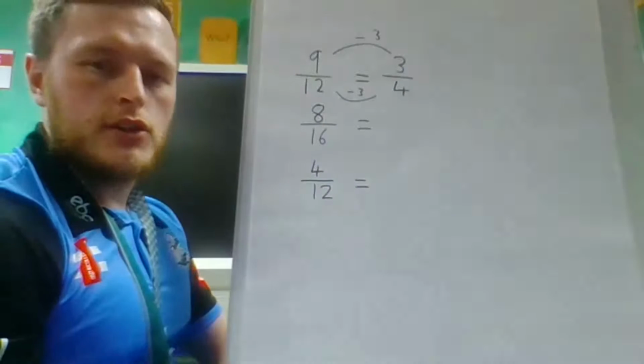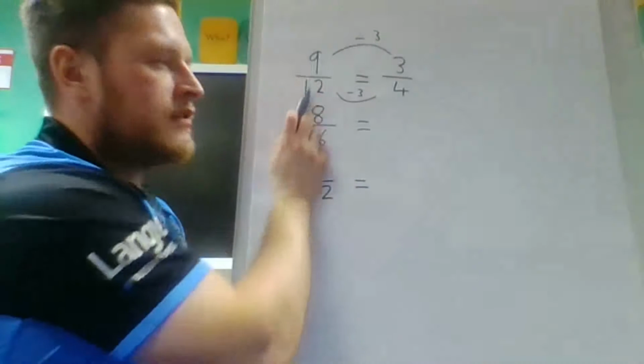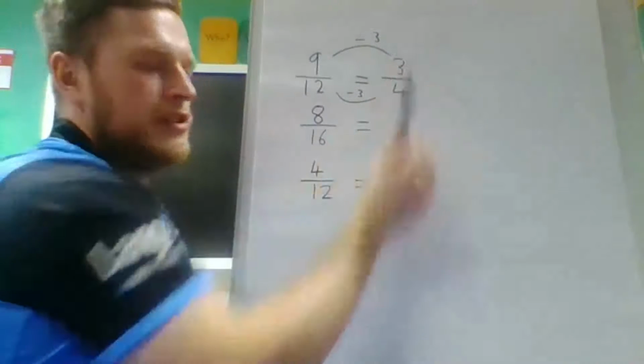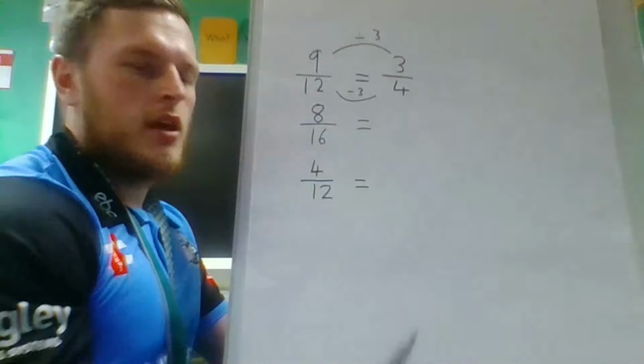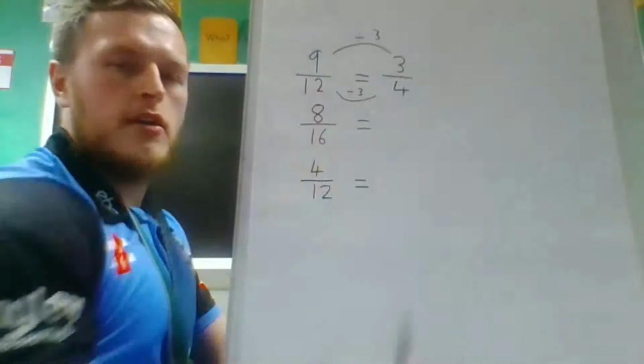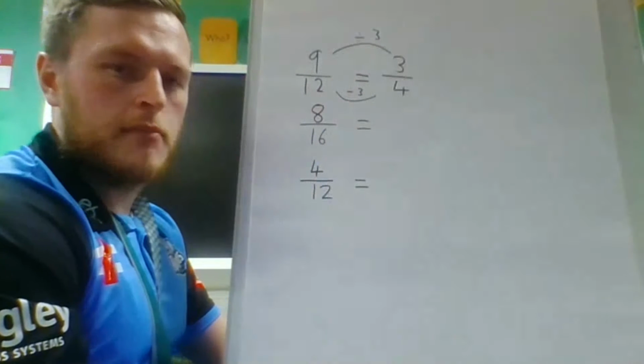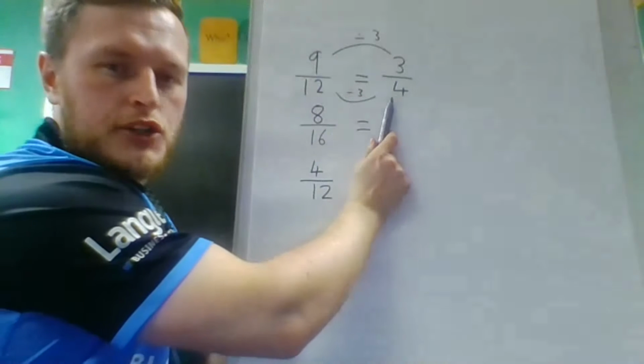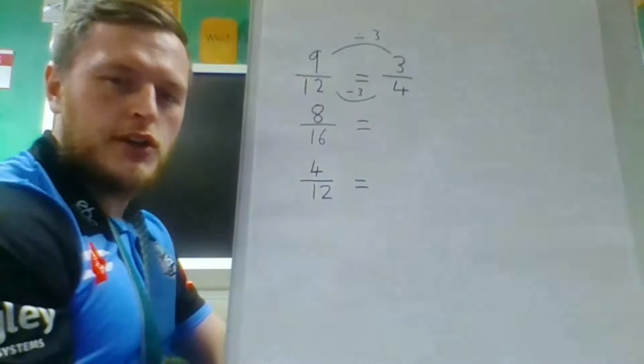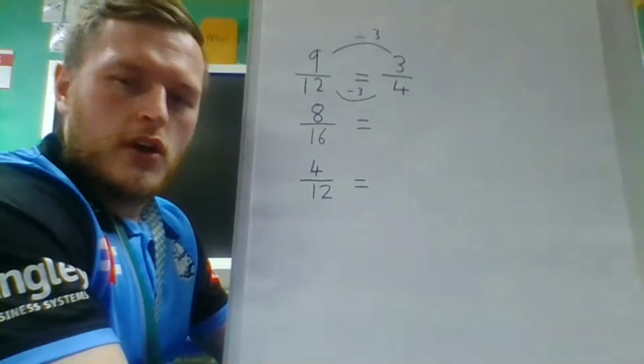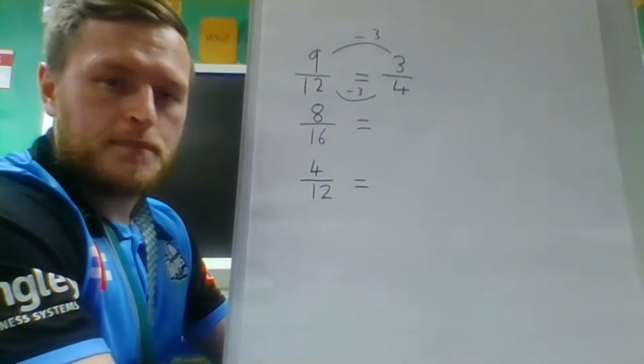So the simplest form of 9/12 is 3/4, because I divided both by 3, and that keeps it the same. But I found the simplest fraction because it's the smallest possible fraction, the lowest numbers for that fraction.